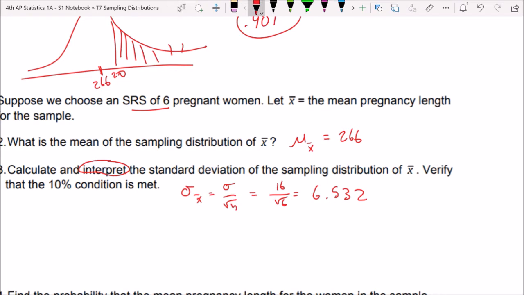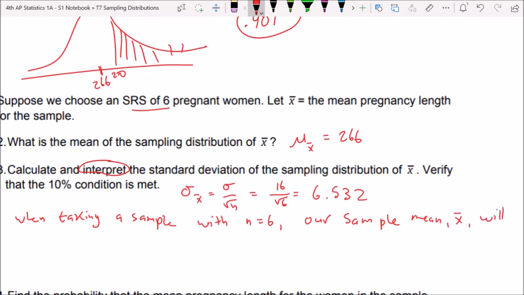So what this is saying is when taking a sample of size n equals 6, our sample mean, which is x bar, will typically vary from the true mean, which is mu, by 6.532. There's our interpretation.